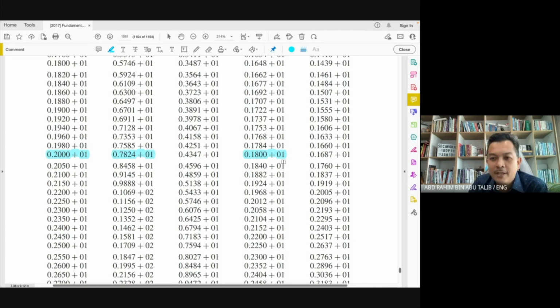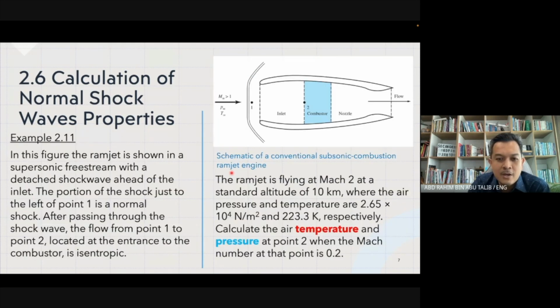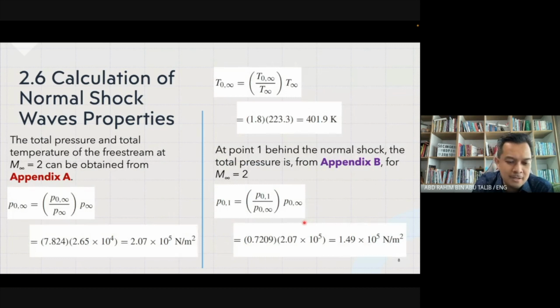Then you just put in the value of T infinity, which is already given before the air goes into the engine, 223.3 Kelvin.